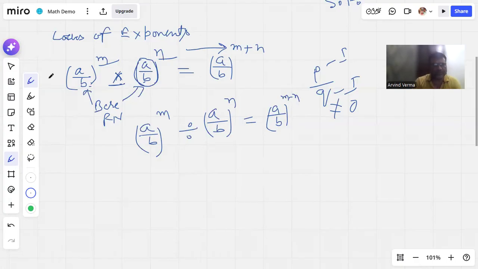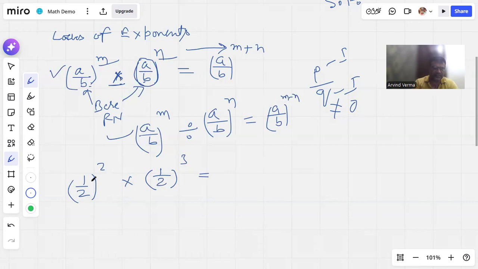The only difference between this and this is that here it is multiplication, here it is division. The base is the same and division is there, so we will subtract the exponents. Let's have some example. Let's take 1 upon 2 raised to the power 2 into 1 upon 2 raised to the power 3.